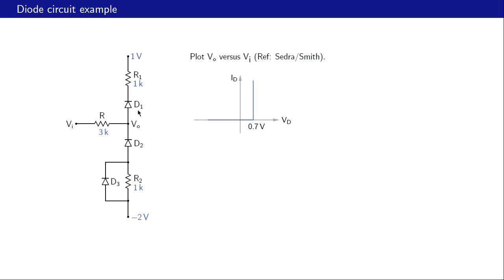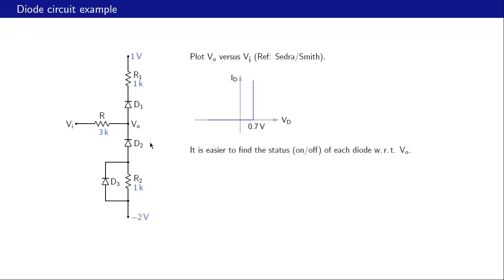This D1 can be on or off, D2 can be on or off, and D3 can be on or off. So therefore there are 2 raised to 3 or 8 possible states, and therefore the circuit analysis surely looks very complicated. But once we realize that it is much easier to find the status of each diode with respect to Vo, then things are much simpler.